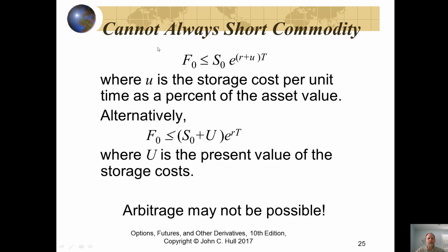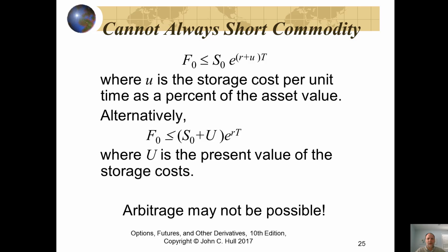But let's look at the other situation. What if the future price is less than the spot price e to the R plus UT? The arbitrage now would be to go long the future, to short the commodity, and to take that money and invest it at the risk-free rate R while saving the storage costs U. Well, for a consumption asset, you can't always short the commodity.